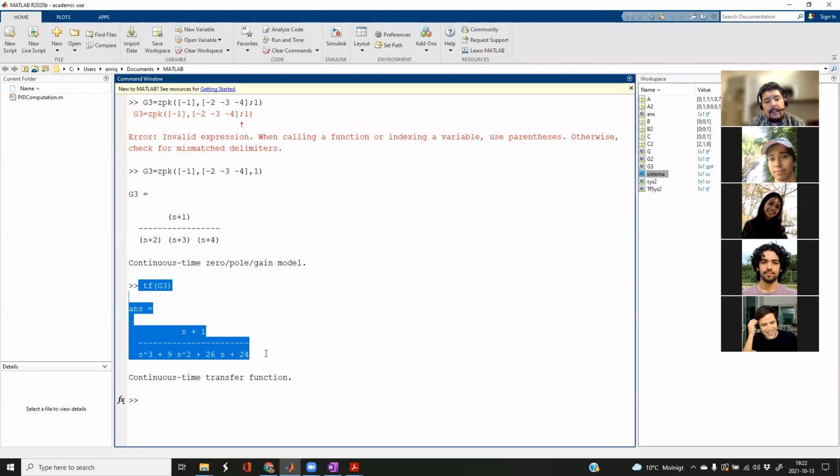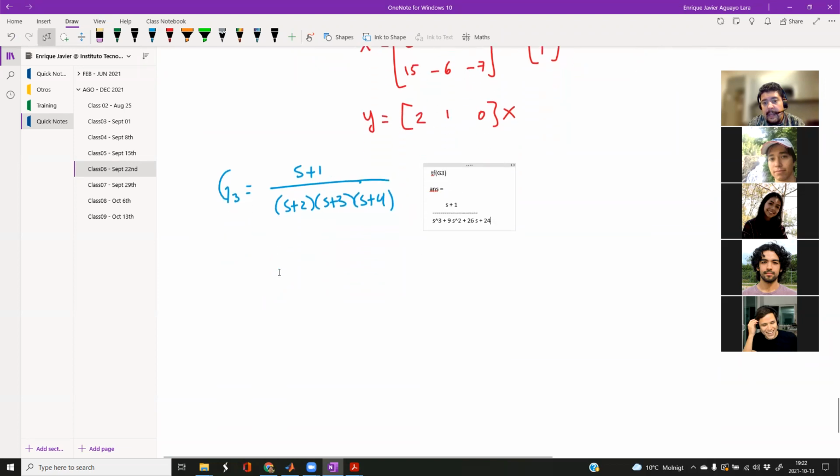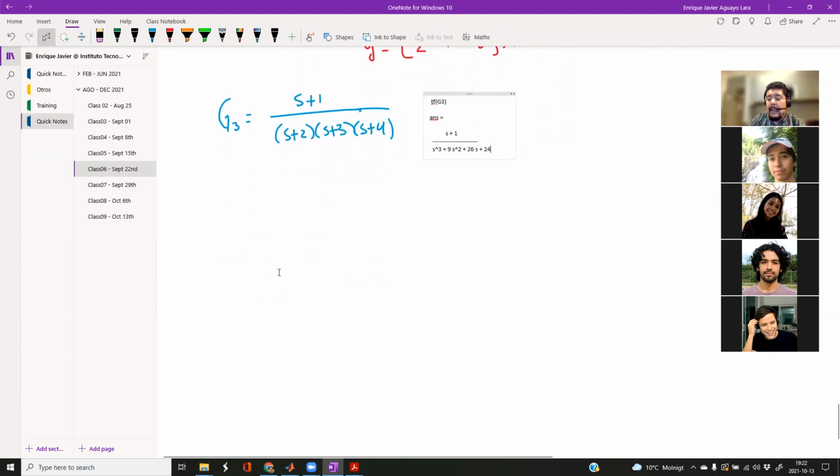So based on this transfer function, that is equal to this other that I have in here, I can obtain a state space representation.